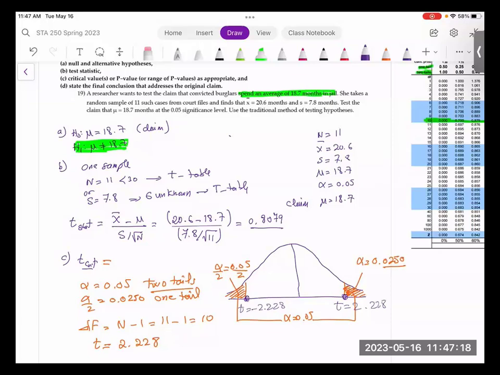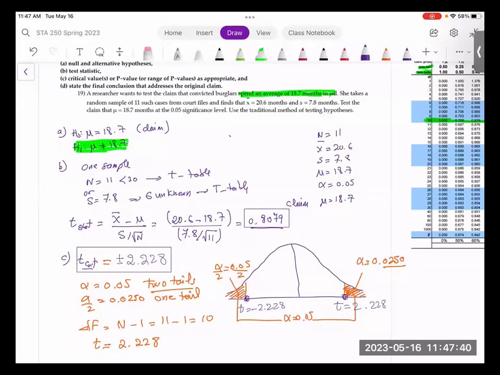So there are two values. So here, make sure you put plus or minus 2.228. We good? Are we okay, guys, with this? Yes? Okay.